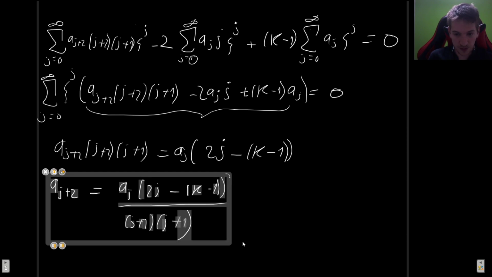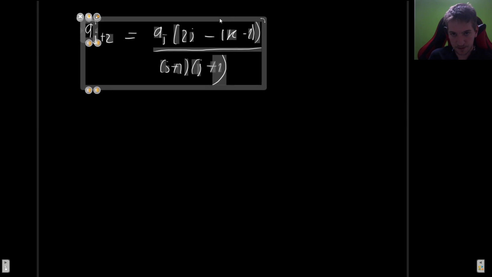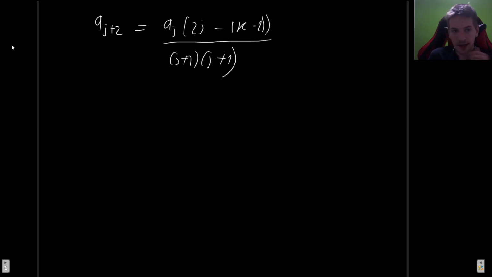So that is good. However, there is a little problem with this still, because these coefficients are just going to keep getting larger and larger as j increases. And that is not good, because these coefficients are going to be part of our solution, of our wave function, and we can't just have them getting larger and larger, right?